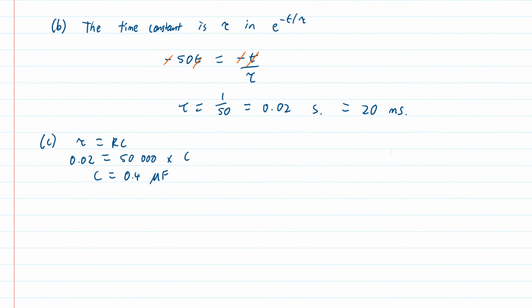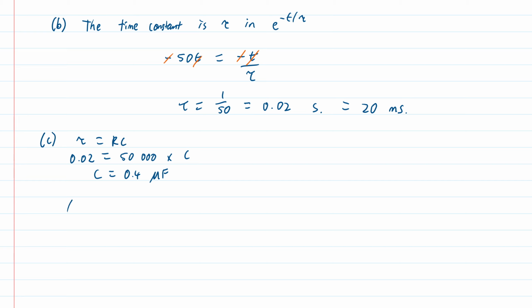Another way that we could have found capacitance, by the way: we know that the current through the capacitor is C dV/dt. And so we could have substituted for our current and our voltage and solved for capacitance in that way.